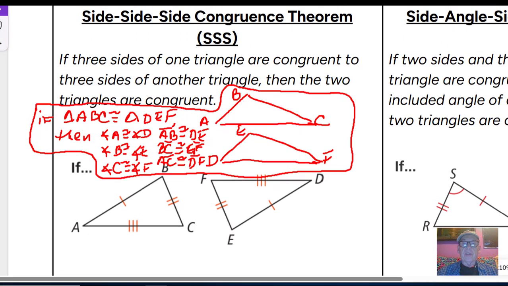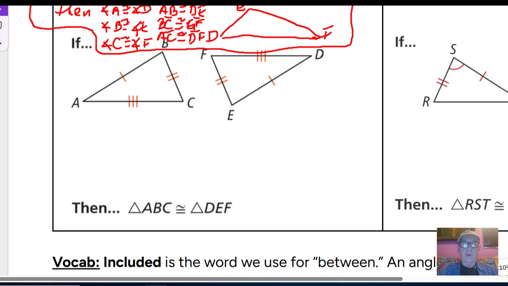So this is our side-side-side congruence triangle here. Notice that we have triangle ABC and triangle DEF. Now we need to name these in order. Okay, so they're saying triangle ABC is congruent to triangle DEF. So from this congruence statement, I should be able to label the congruent angles.